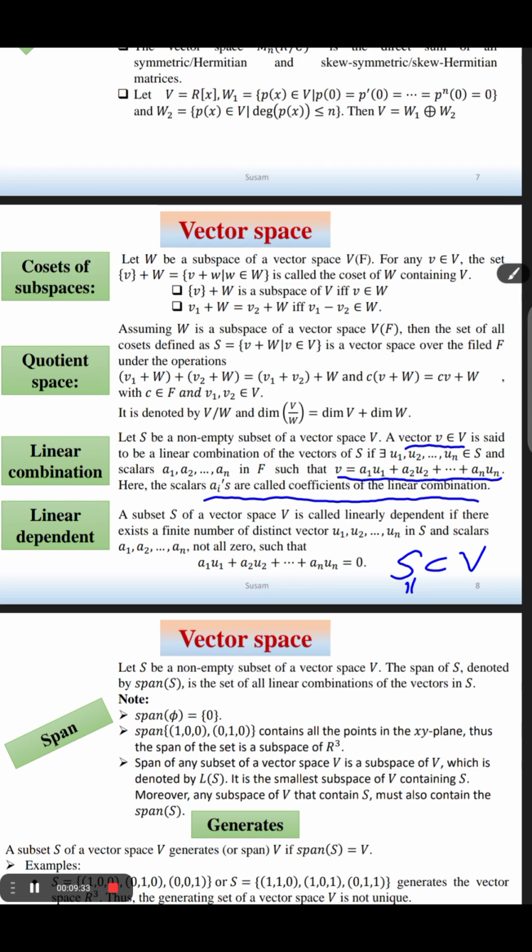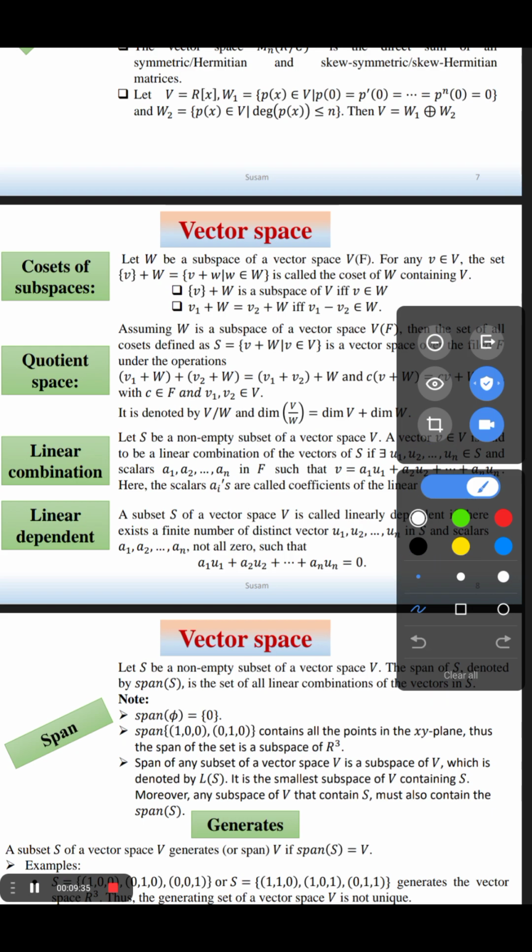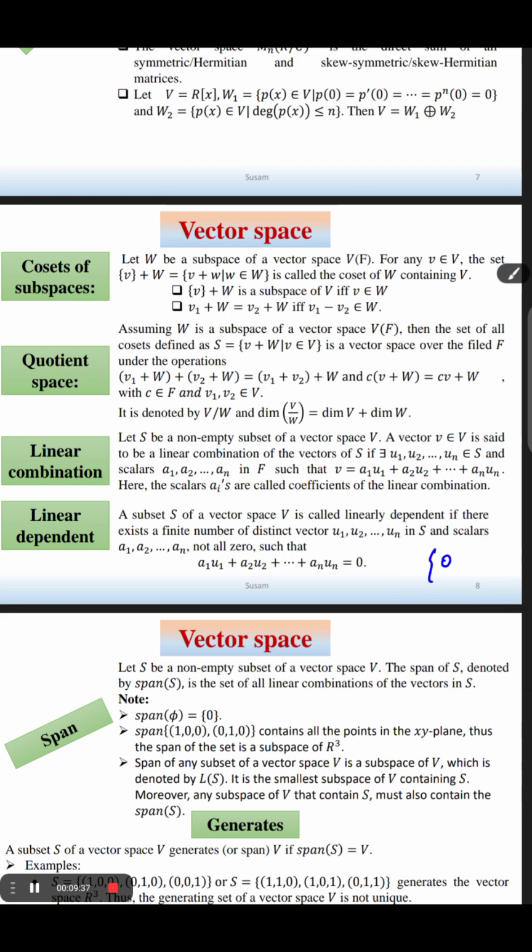Now v is in V, and 0 is also in V. It is the additive identity. So 0 is in V, and the linear combination can be written like this. Now if the coefficients are all zeros, then we call the set S linearly independent.